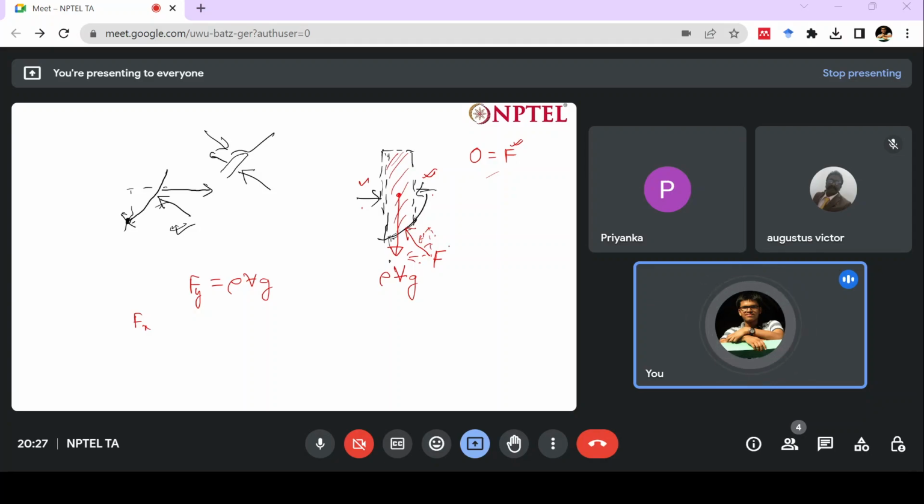But we need to know the angle through which this force is acting. So if we know the theta, what will be my FB? This will simply be Fy by cos theta.